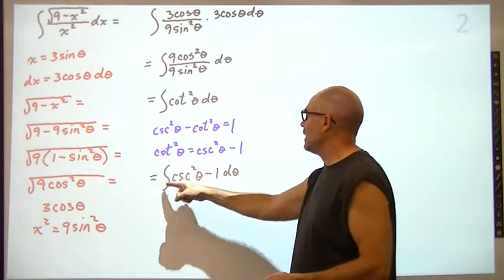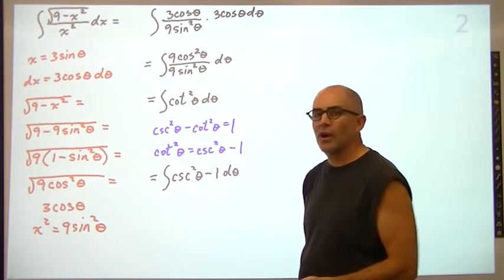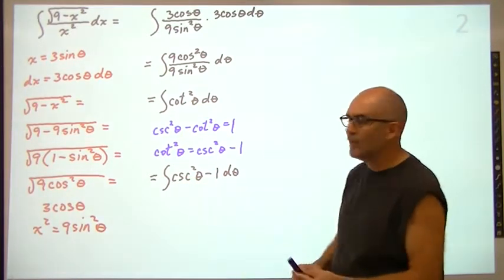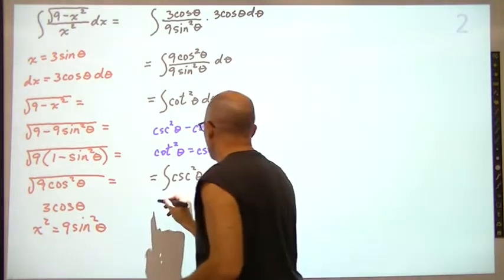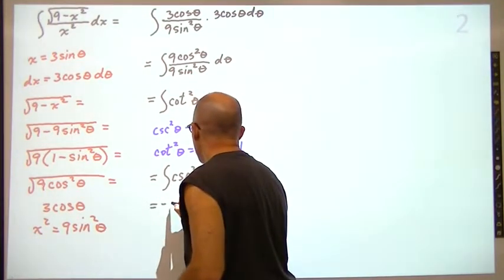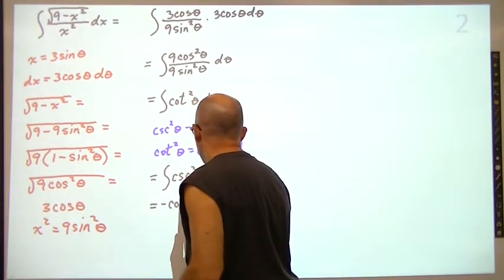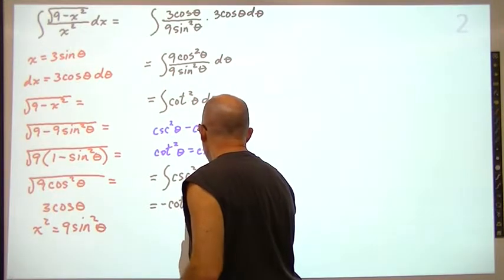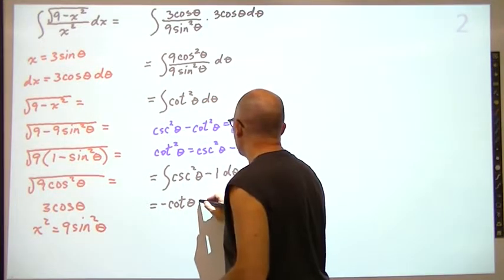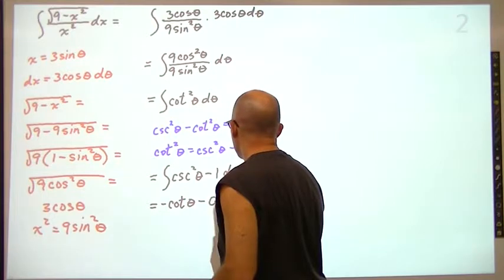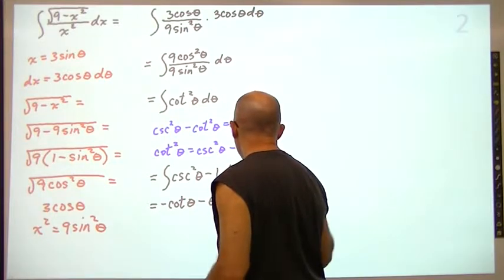The integral of cosecant squared is negative cotangent. So this becomes negative cotangent theta. Now the minus 1 becomes a minus theta plus c.